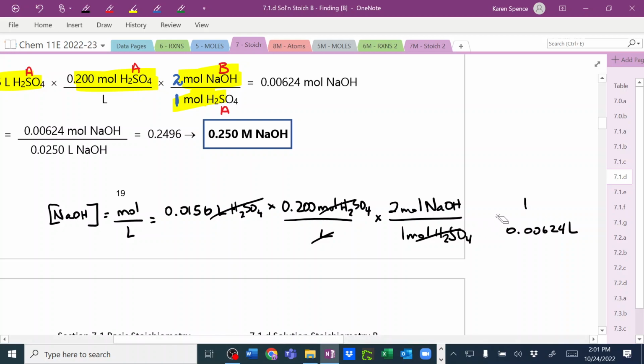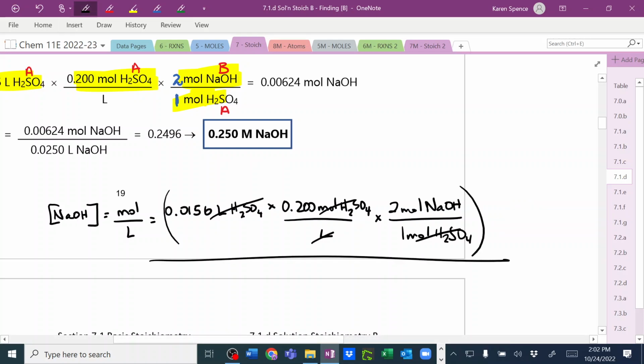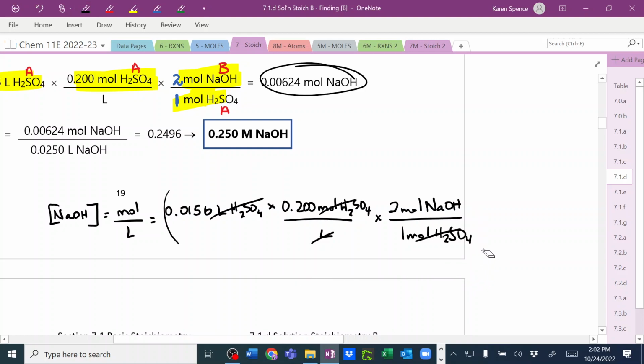It just puts it in the denominator. Or the other way you could do it is, if you don't get that, you could take all of this and put it over 0.0250 liters. I'm sorry, was it the wrong number that was throwing you? Okay, sorry.